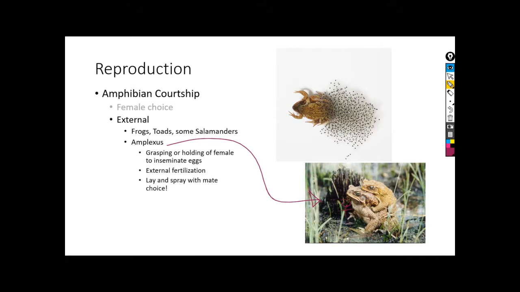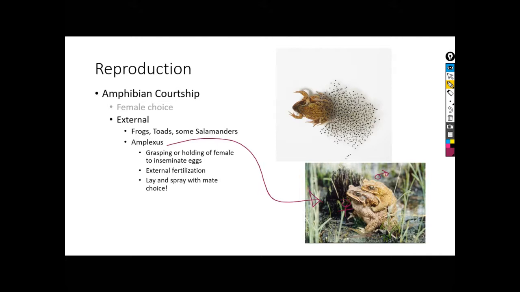Rule of thumb until we get to mammals, females are usually larger, because the females have to make and hold all the eggs, and we need a bigger body to do that. The little guy on top, that's our dude. So the key here is this is basically a modified version of lay and spray. One-on-one lay and spray. So the female is still laying the eggs externally.